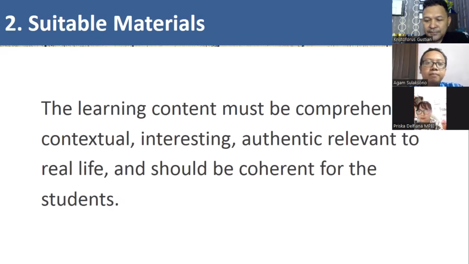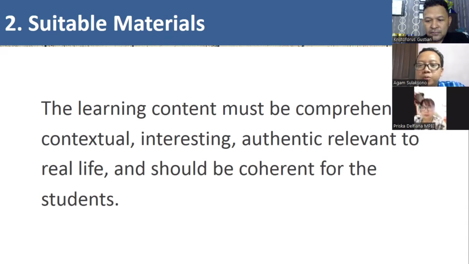All right, the next point is suitable materials. The learning content must be comprehensible, contextual, interesting, authentic, relevant to real life, and coherent for the students. The most important thing is that they must suit the students' needs and wants.